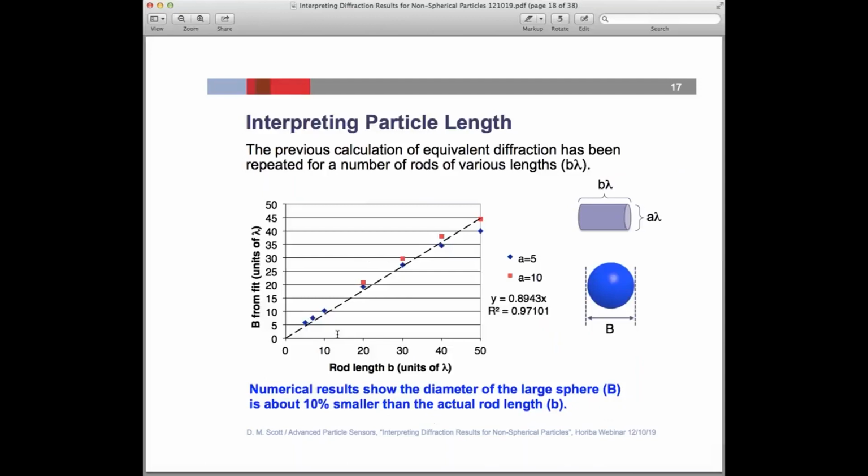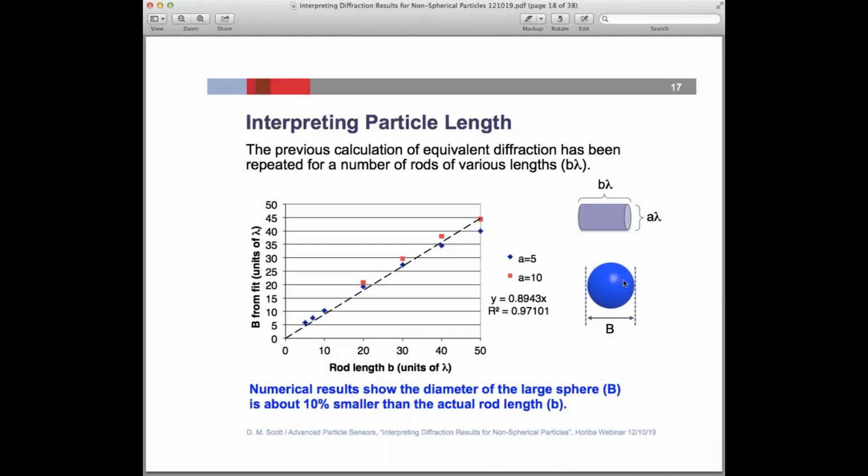Well, it turns out I've done quite a lot of numerical work on this. It turns out that if you repeat this calculation for a number of rods of various lengths, where I'm changing B, the length of the rod, or changing A, the diameter of the rod, the numerical results report that the diameter of the large sphere, this big blue sphere here, is about 10% smaller than the actual rod length.